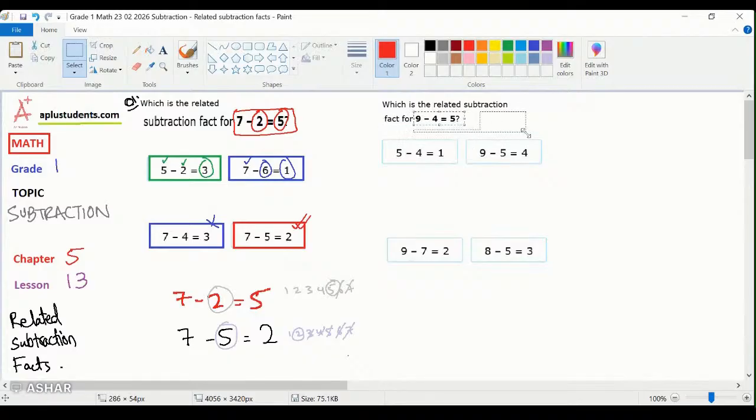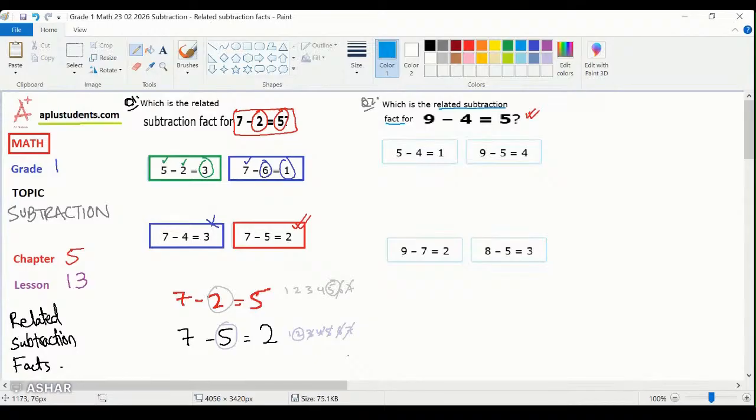We have to find the fact for this. Question number 2. So what should be the answer? It says 9 minus 4 is always equals to 5, right? We agree on this. And we need to find the related subtraction fact. So we have to look at the option which only has 9, 4, and 5.